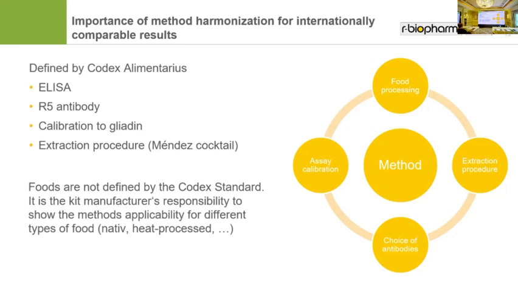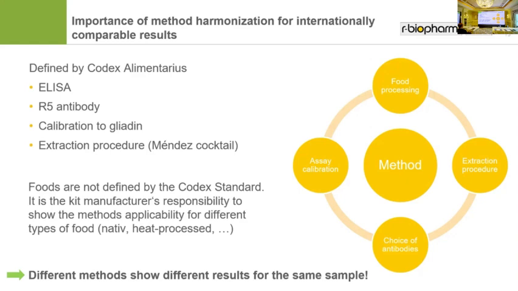Is it able to extract gluten from these matrices? If you think of this, you may not wonder any longer that different methods show different results for the same sample. And that is why it's so important to have these definitions given here.